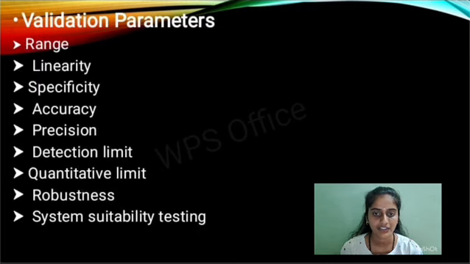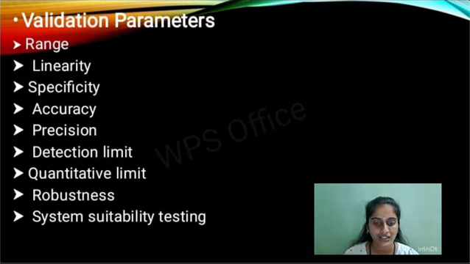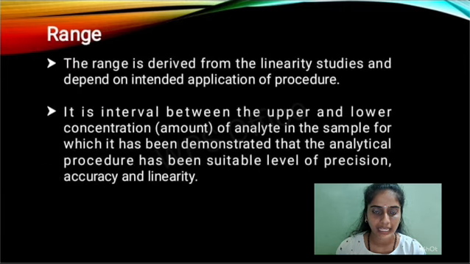Next is validation parameters. The validation parameters are range, linearity, specificity, accuracy, precision, limit of detection, robustness, and system suitability testing. Let's go one by one. Range.